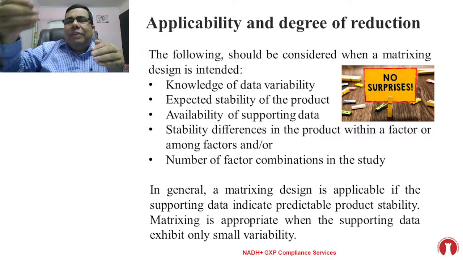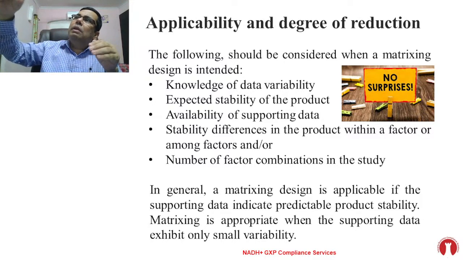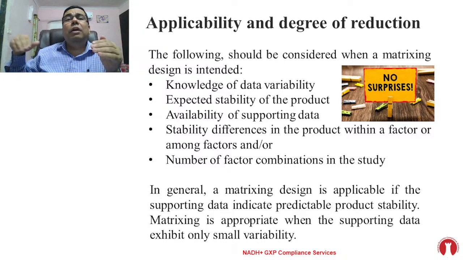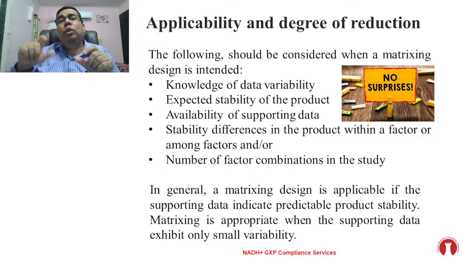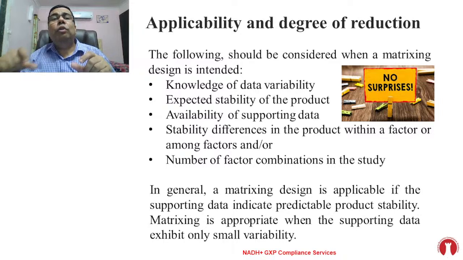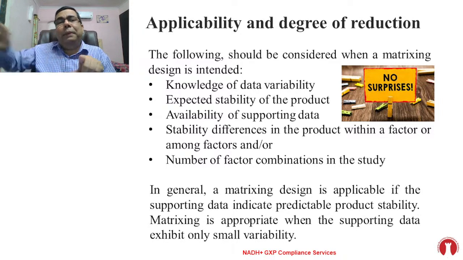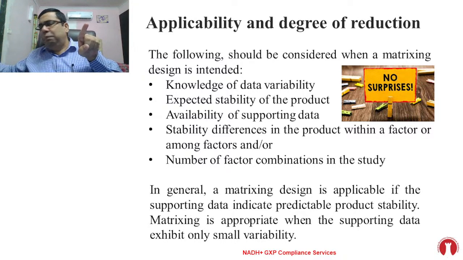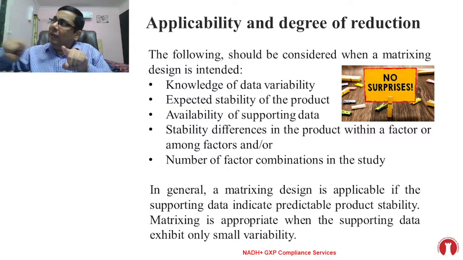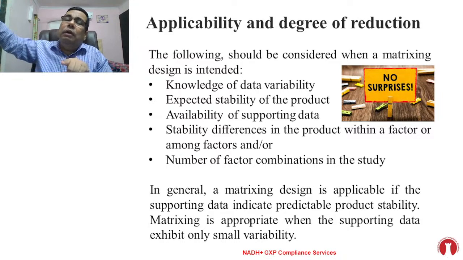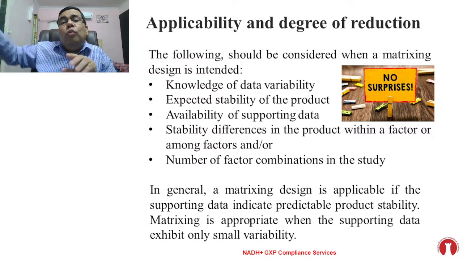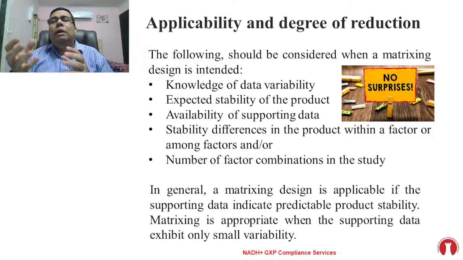And in the same way, if the assay is reducing, there may be an increase in the impurity. That impurity may also be a known impurity, well within the acceptable limit. So this is what predictable means: the assay is slightly reducing up to the end of the shelf life, and the impurity is also increasing. When I come to know this, it is called a predictable stability study.